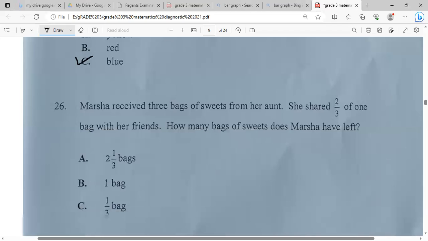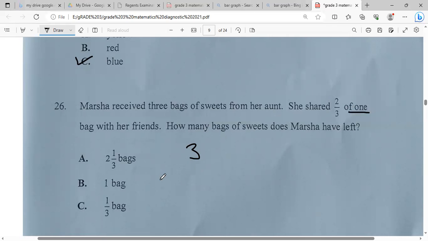26, Marsha received 3 bags of sweets from her aunt. She shared 2/3 of one of the bags with her friends. How many bags of sweets does she have left? This one is very interesting. Marsha has 3 bags, and she shared 2/3 of one.